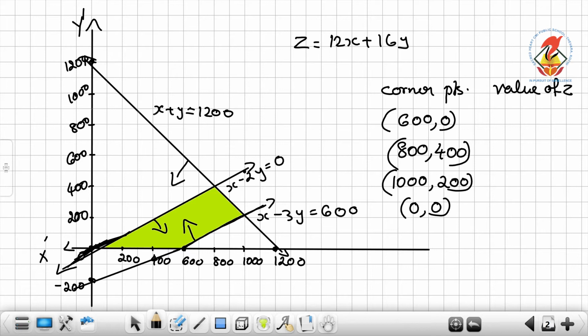Substitute in Z. So first one, when x is 600, 12 6s are 72. Okay. The next is 800, 400. 12 8s are 96. 16 4s are 64.